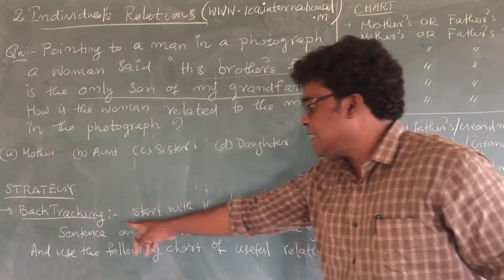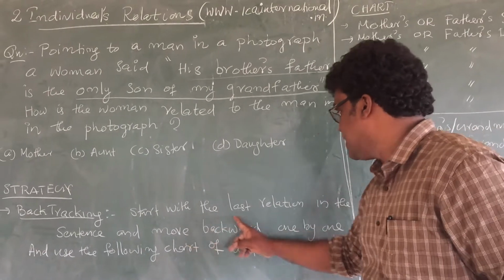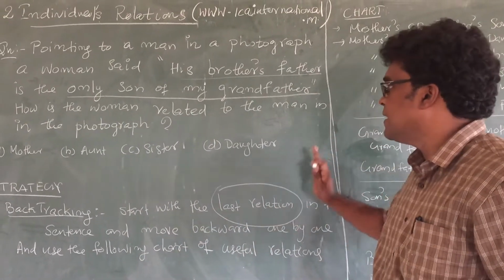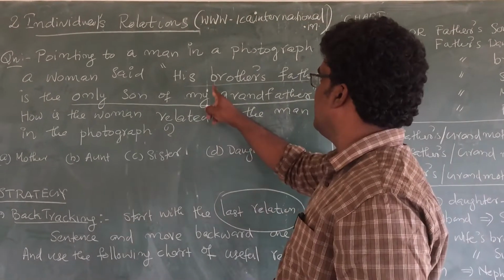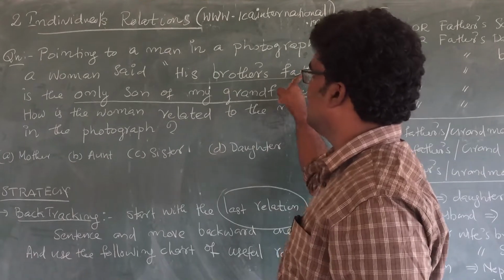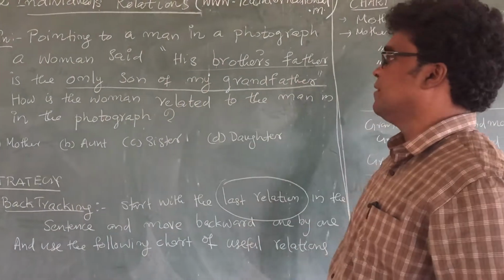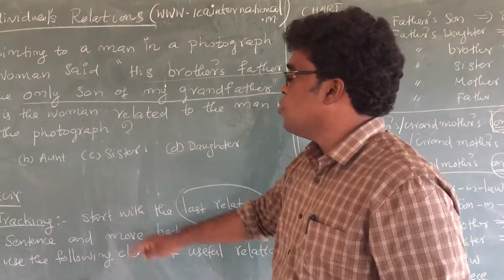In our strategy, called backtracking, we start with the last relation and move backwards. Brother's father is the first relation. Only son of my grandfather is the last relation. So we start with the last relation.